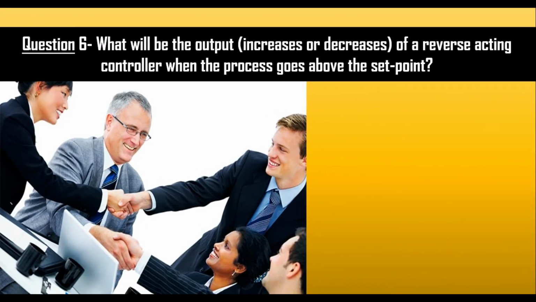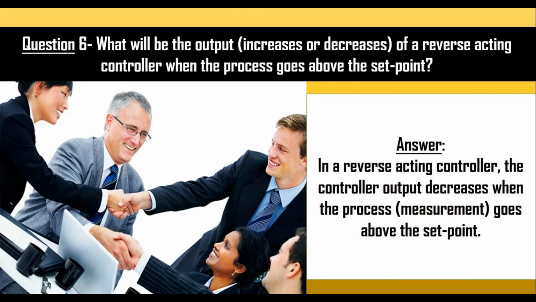Will the output increase or decrease for a reverse acting controller when the process goes above the set point? Suppose the process variable goes above the set point, then what about the output of a reverse acting controller? It will increase or decrease. And the answer is, in a reverse acting controller, the controller output decreases when the process measurement goes above the set point.